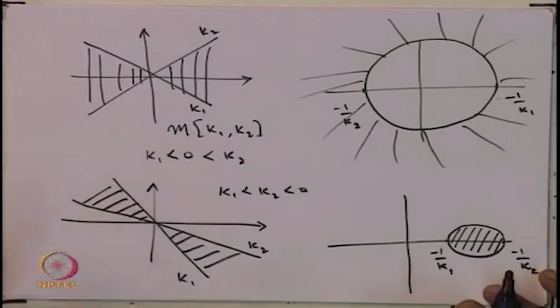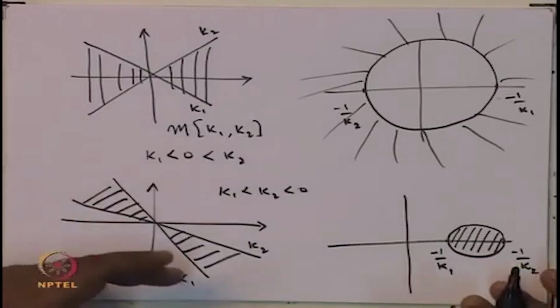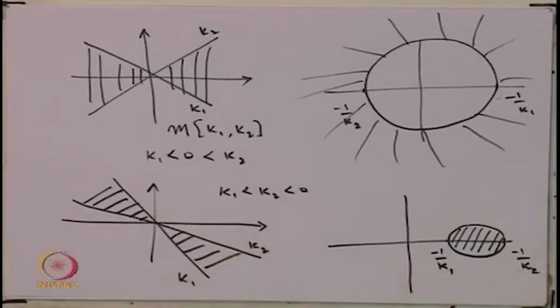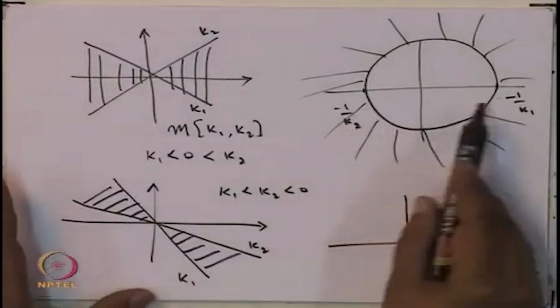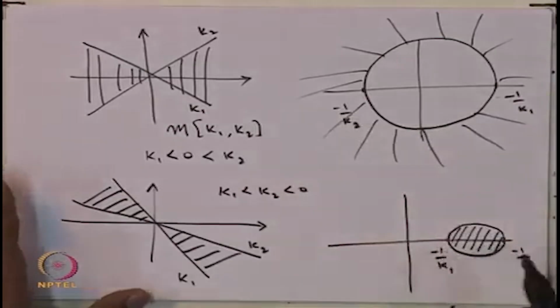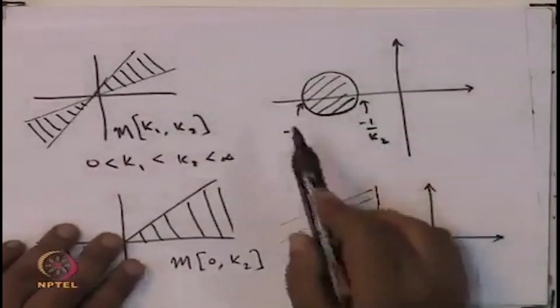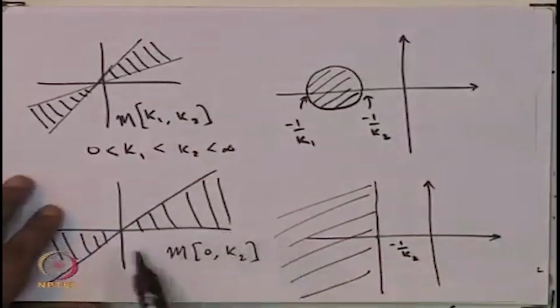So one quick way to see it is, if you have a nonlinearity in the range between K1 and K2, therefore you can plot the points minus 1 by K1 and minus 1 by K2, and you can draw the circle which connects these two, just like here, or in the earlier two cases, like here, or when one of the slopes was 0, so that's infinity.